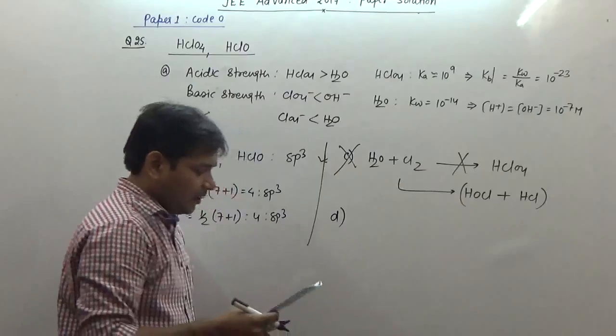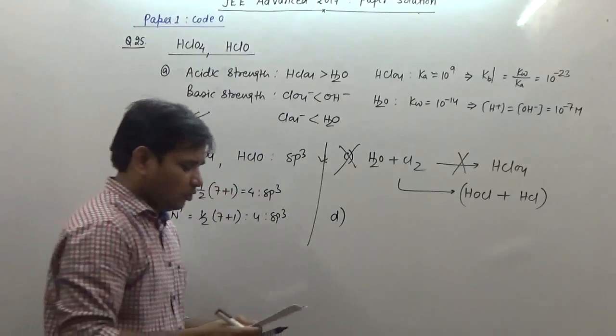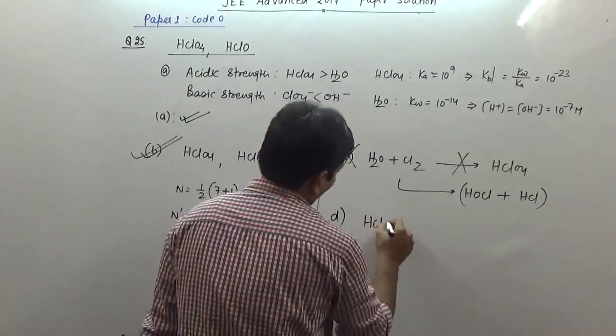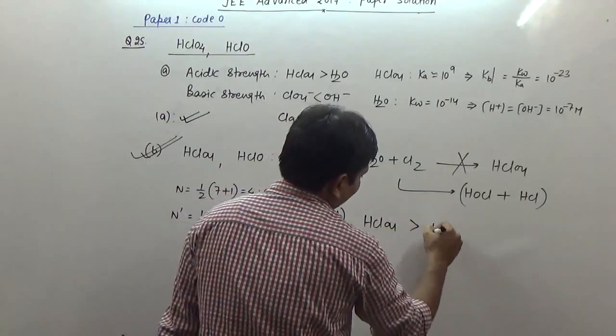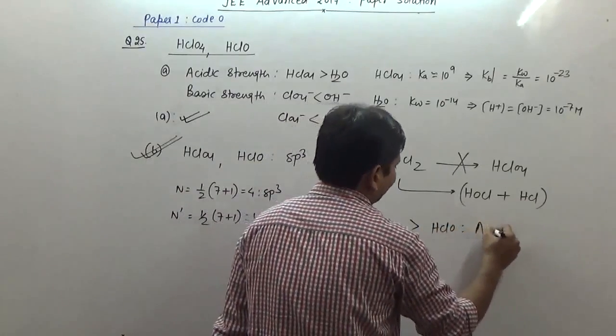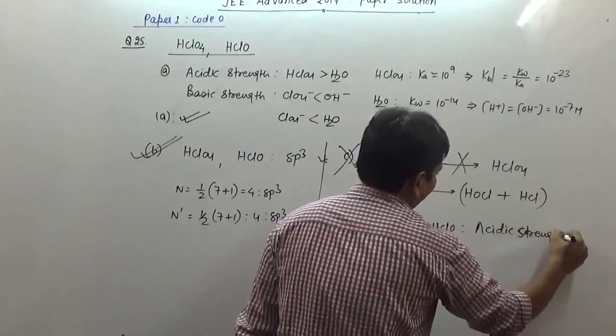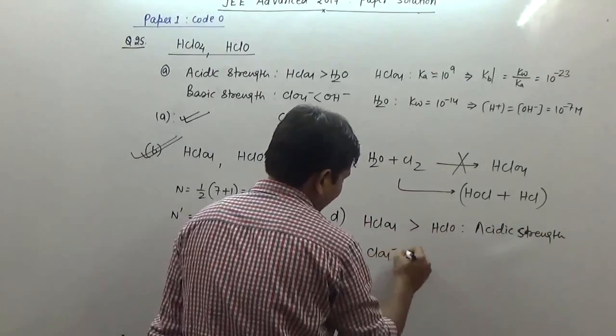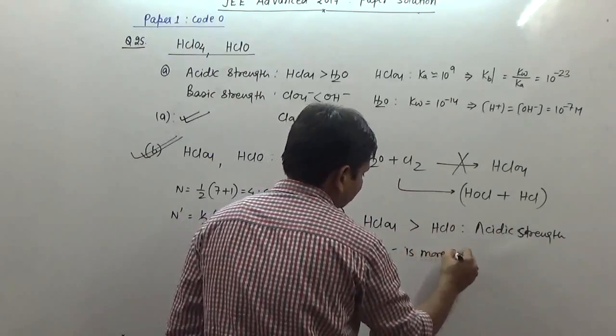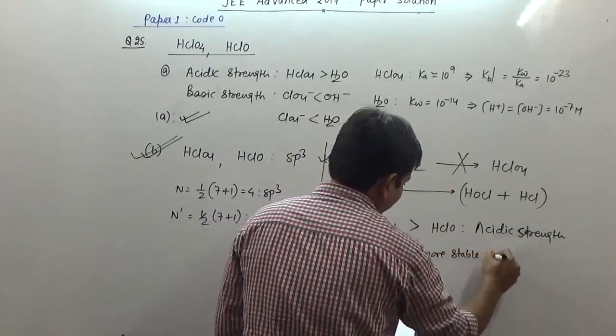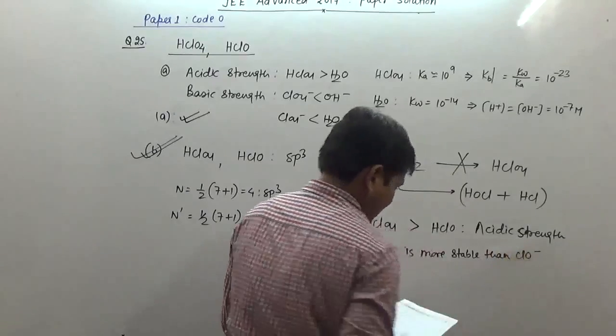D option is HClO4 is more acidic than HClO. Acidic strength is higher. That is correct. The acidic strength of HClO4 will be higher because ClO4 minus is more stable than ClO minus.